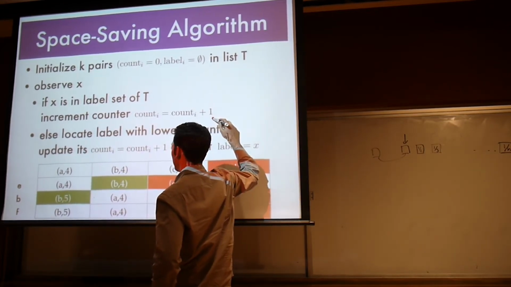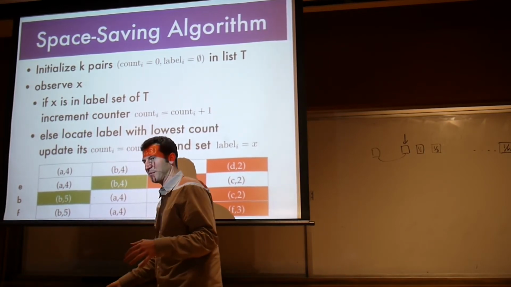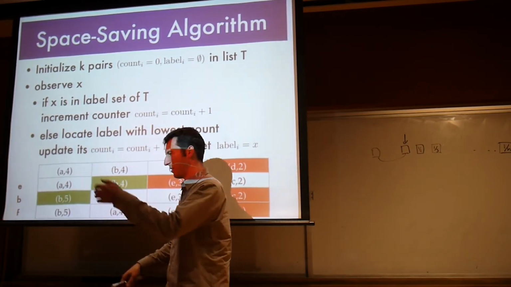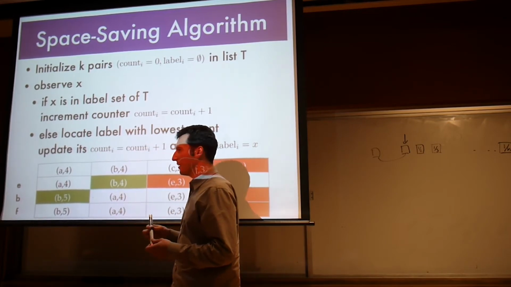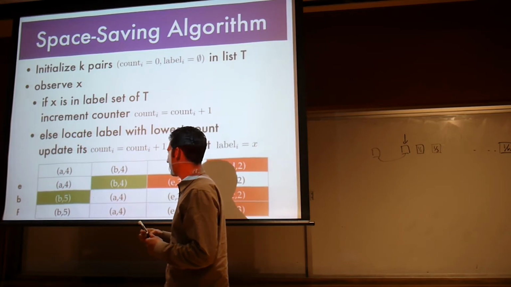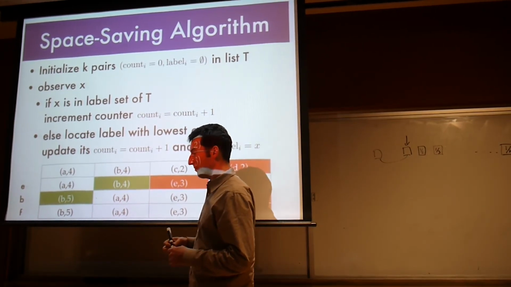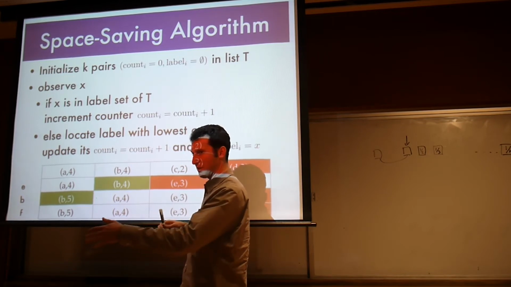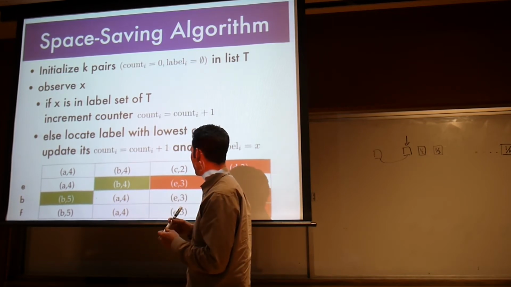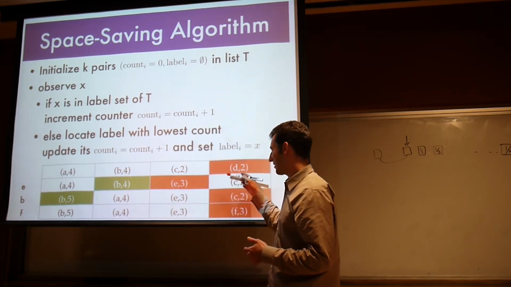So far, so good. We already know that the word dog occurred 20 times. The dog comes along once again, it goes up to 21. Fine. Now, let's say the word cat comes along and there is no cat in our data structure. Well, then we pick the item in our data structure with the smallest count, let's say mouse, and we throw out the mouse and rename it into cat and increment its count.